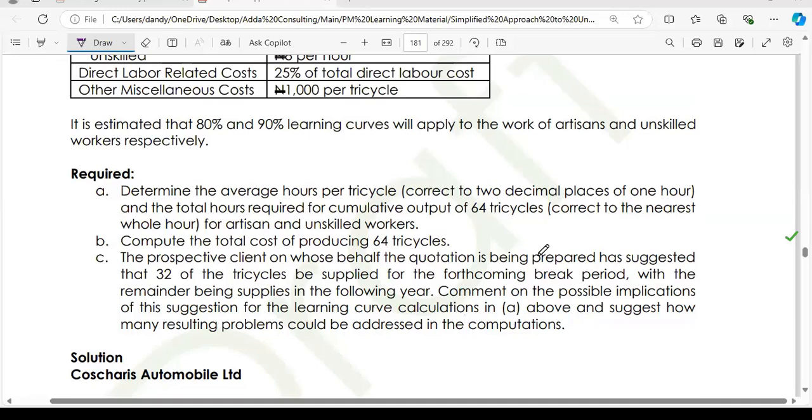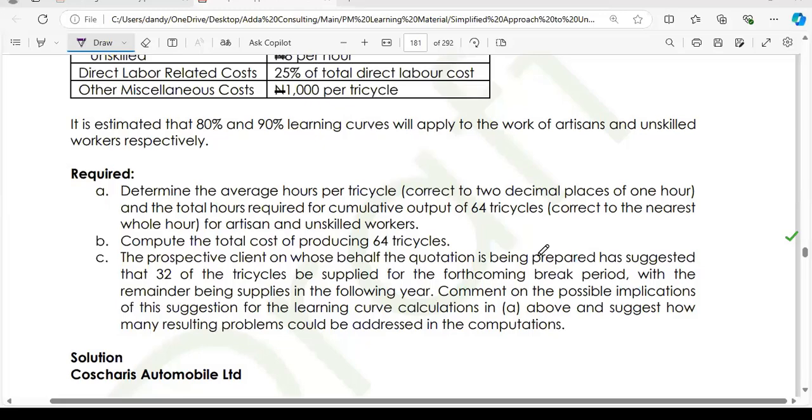We are required to: A, determine the average hours per tricycle, correct to 2 decimal places of 1 hour, and the total hours required for cumulative output of 64 tricycles, correct to the nearest full hour, for artisan and unskilled workers. B, compute the total cost of producing 64 tricycles.